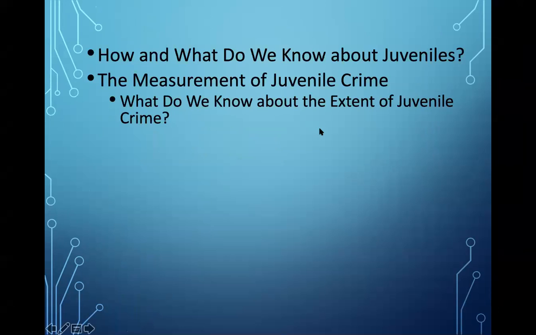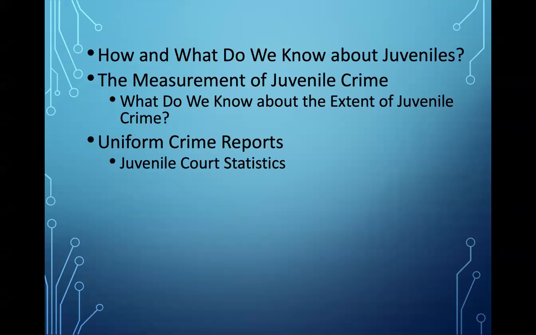We're going to talk about what we know about the extent of juvenile crime and what type of crime juveniles are committing. We're going to talk about the UCR, because how do we know about what type of crimes juveniles are committing? Well, we know about it through the UCR, which is the Uniform Crime Reports. Also through juvenile court statistics, so looking at the juvenile courts.